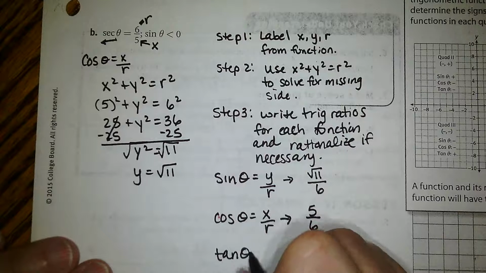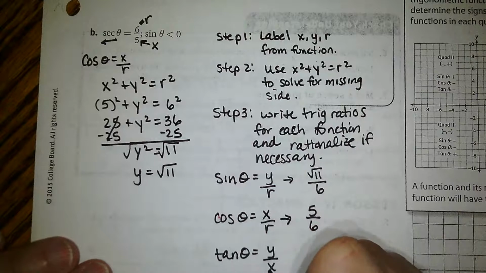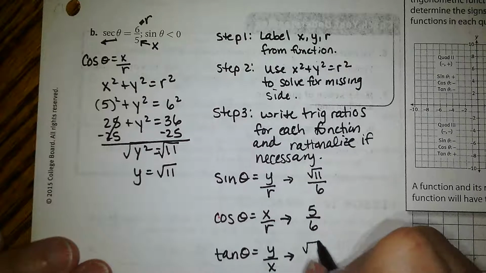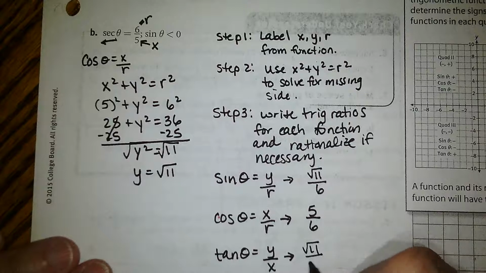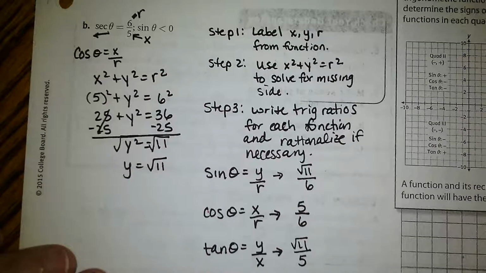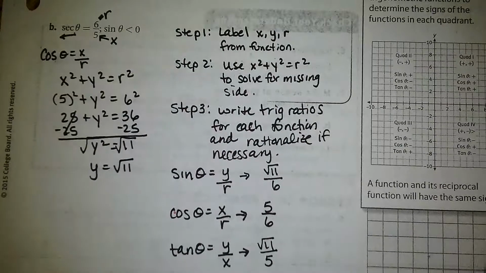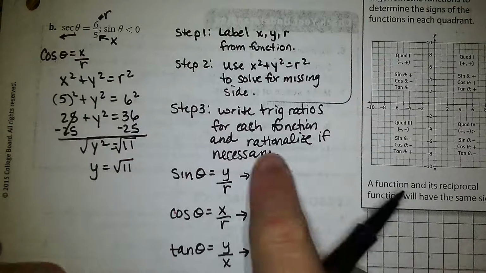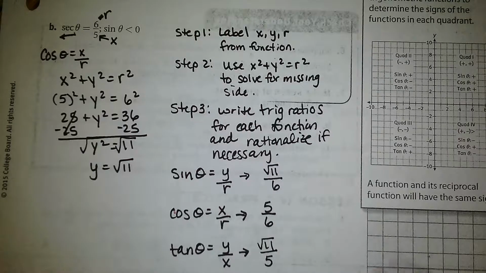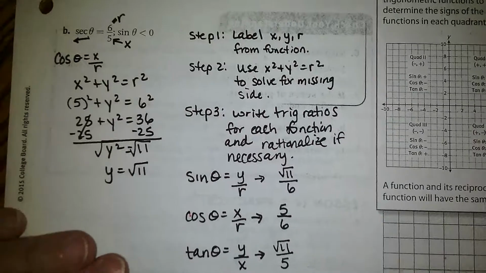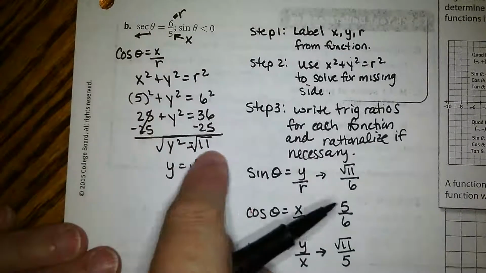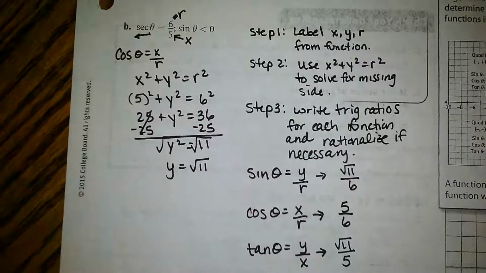Tangent is y over x, and that's going to give us square root of 11 over 5. All right, so those are our first 3. And then we're going to do the reciprocals of these to get our other 3 functions. Okay, so I'll probably write them over here since I have a little bit more space.